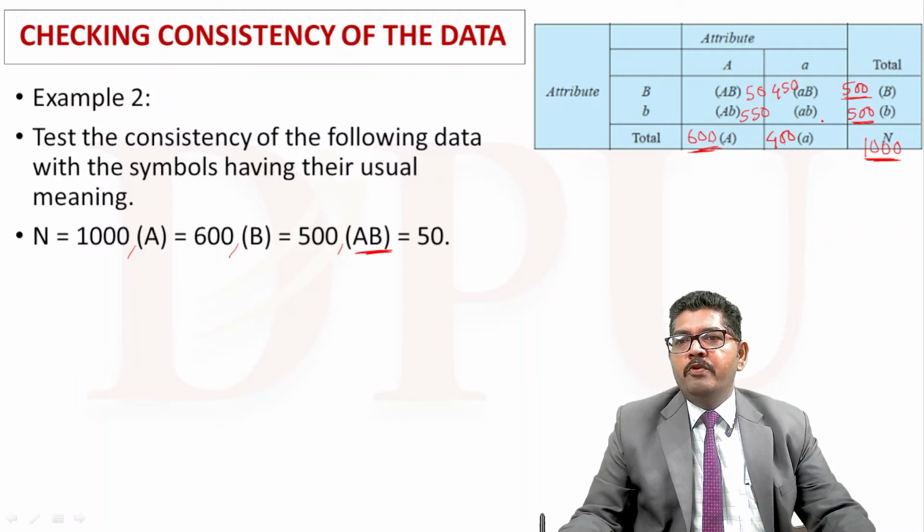Now we have to calculate this value. As this is 450 and the total must be equal to 400, and this is 500 and this value is 550, so this value must be equal to minus 50.